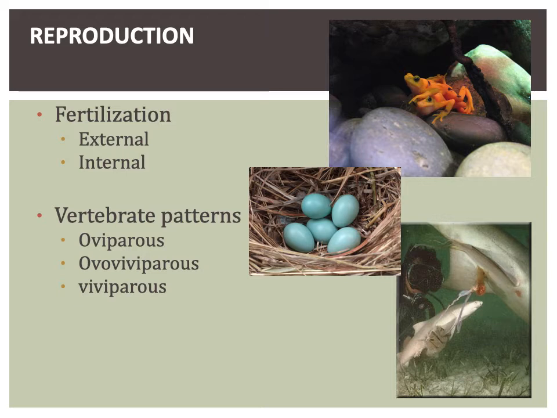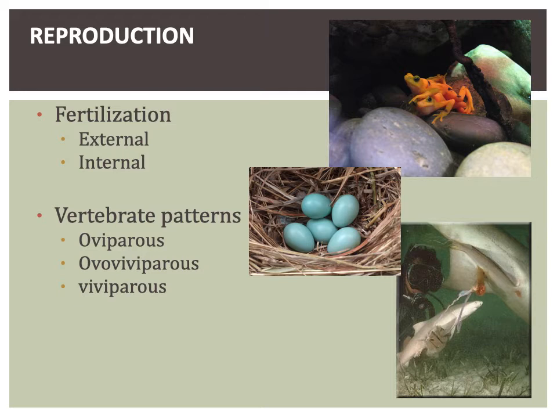But here we're going to talk about some general patterns of reproduction that you find in vertebrate animals, so animals that would be considered chordates, but also you could apply this to some of the invertebrate groups that we've been talking about as well. And for that, I specifically mean these terms we have here.